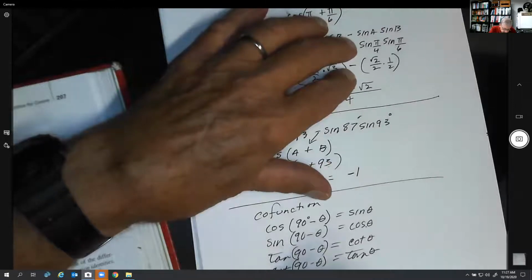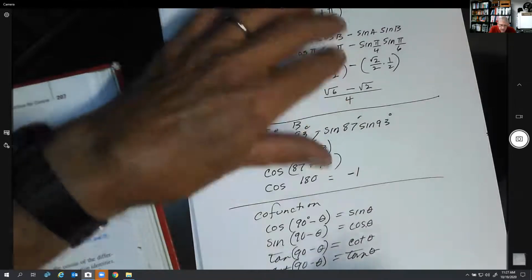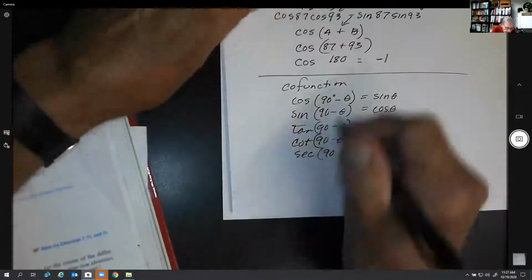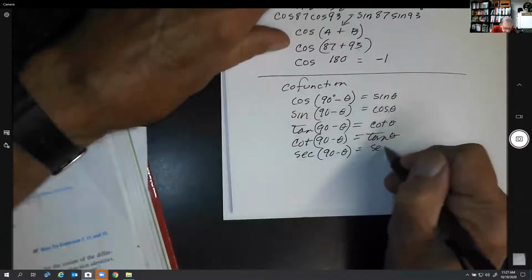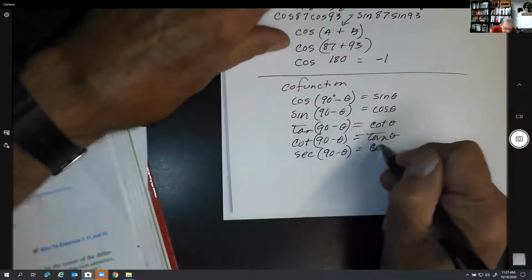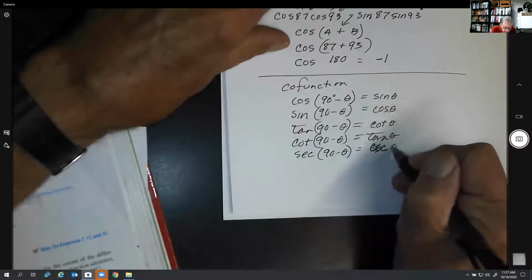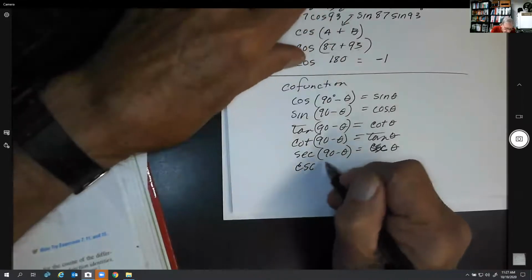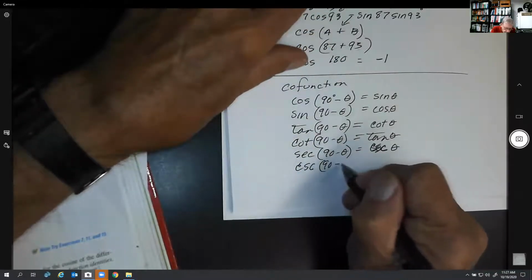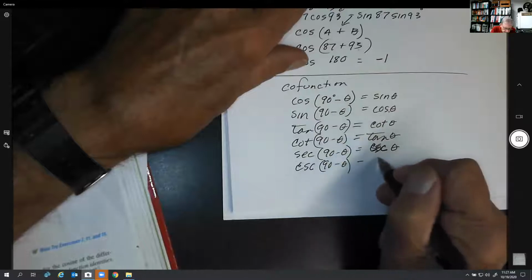So secant of 90 minus theta equals the cosecant of theta. These are in your book on page 207, or on the back cover, or on that sheet I gave you.